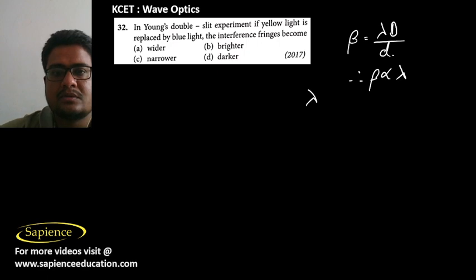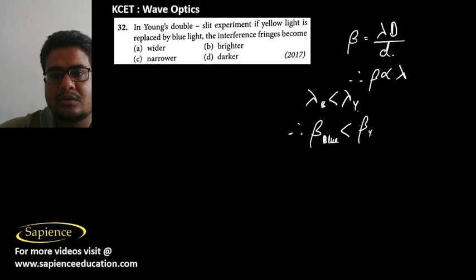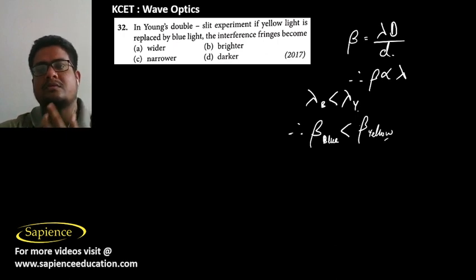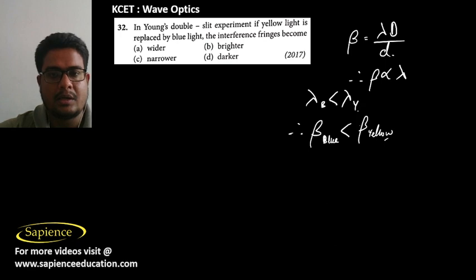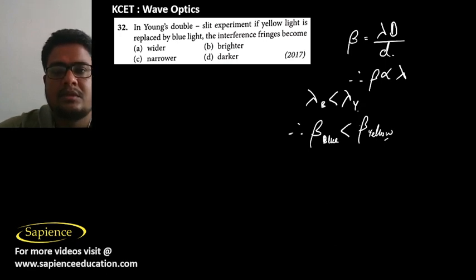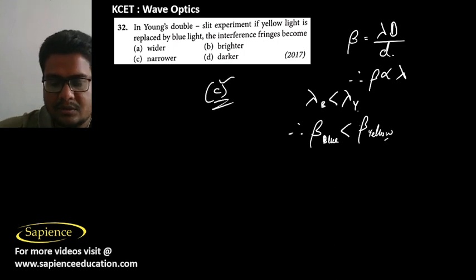Now the wavelength of blue is less than wavelength of yellow. So it means the fringe width for the blue color will be less than the fringe width for the yellow color. So the interference fringes will become narrower. Option C is the correct answer.